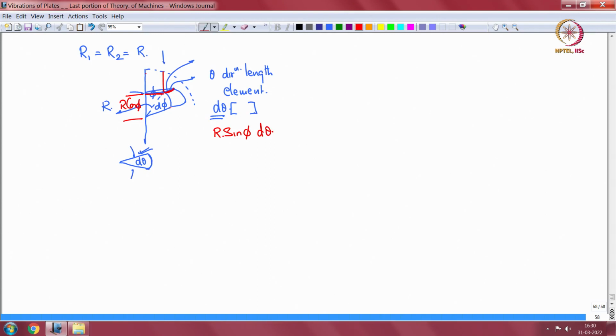What is this other elemental length? By this time there is a d phi increment, so it is r sine of phi plus d phi, and d theta remains the same. So that means my A2 is equal to r sine phi.